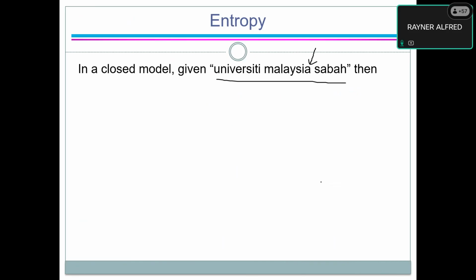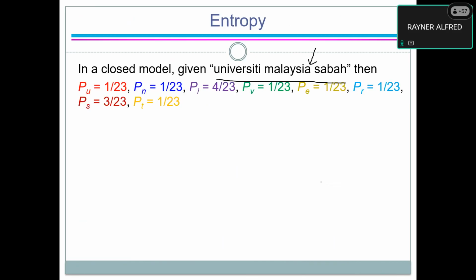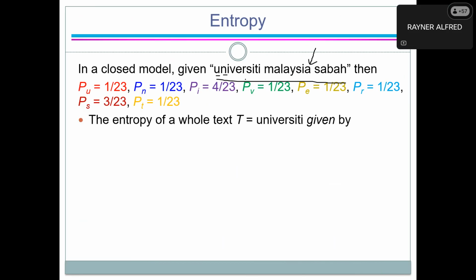From here, what we can get is that we have U, N, I, V, E, R, S, and I we already have, and then we are missing M. This is only for the word university.